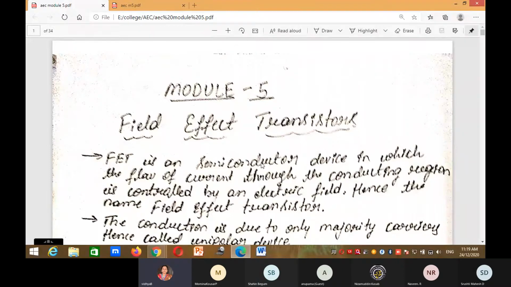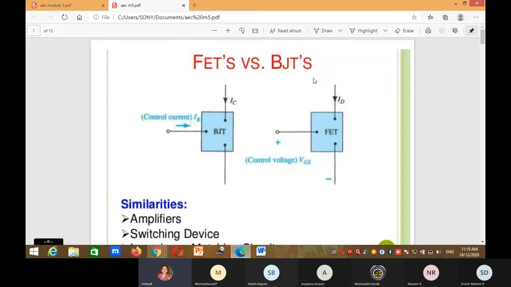First we shall go for the FET. This is FET versus BJT. What is the difference between the FET and BJT? Till now we have read about BJT, bipolar junction transistor. What about FET? FET is a field effect transistor.